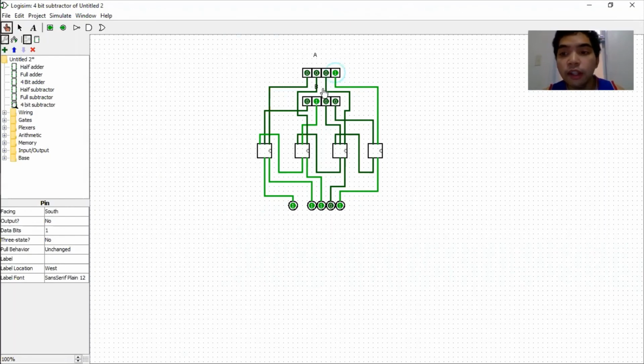So if our answer is negative, the borrow must be 1. There must be a 1 here, and that indicates that our answer is a negative number. So let's say here 1 minus 4. 1101. That is our answer.